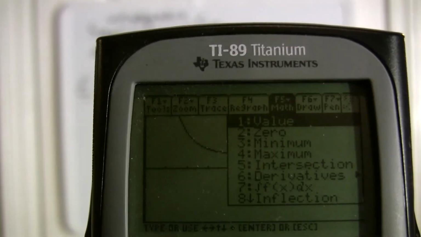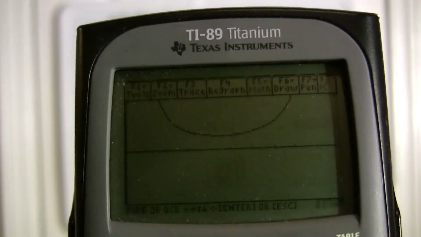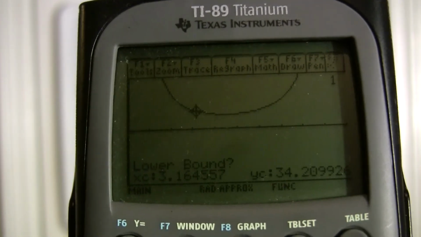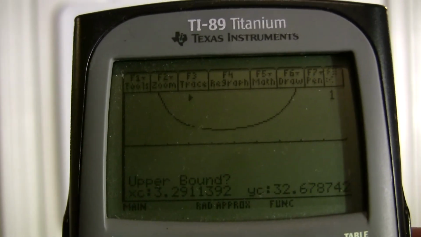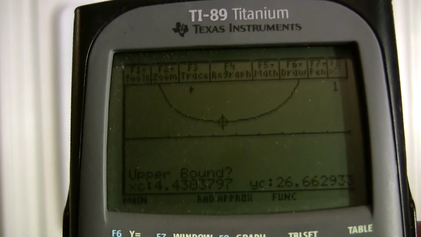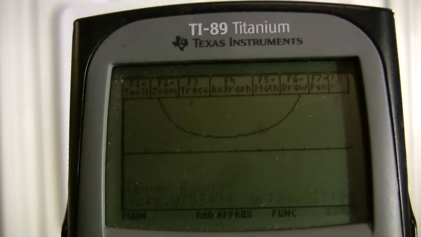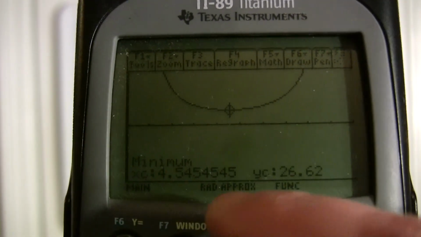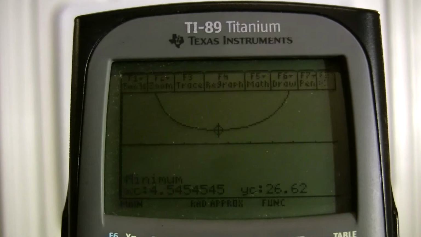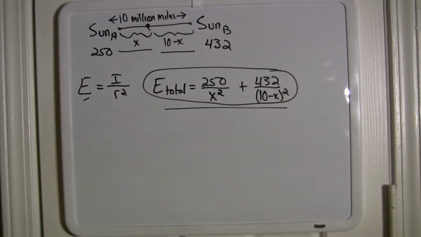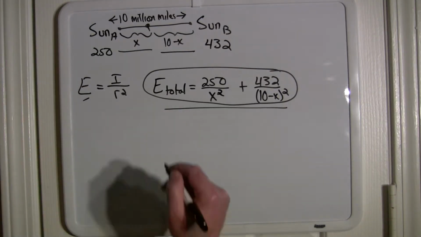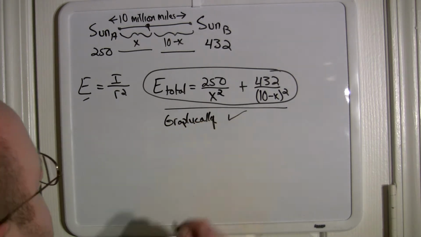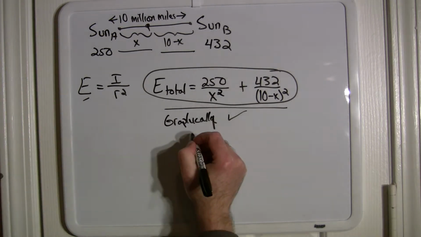So in order to find the exact value of that, we'll just find the minimum. And I'll go far enough to be sure that I am not missing the minimum. And once again, we come up with the exact same answer we came up with before. So, graphically, we've proven it. Now, we need to prove it numerically.